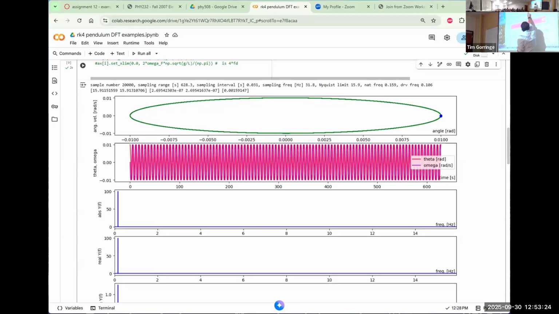The sampling frequency, given that we got 20,000 ticks over more than 600 seconds, is just under 32 hertz. So every second we sample the pendulum's position about 32 times. And 32 hertz is the sampling frequency. That tells us what the Nyquist frequency is.